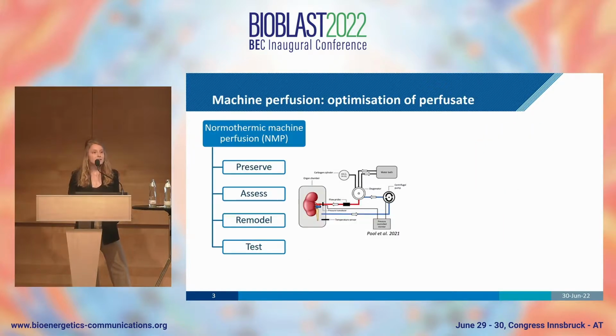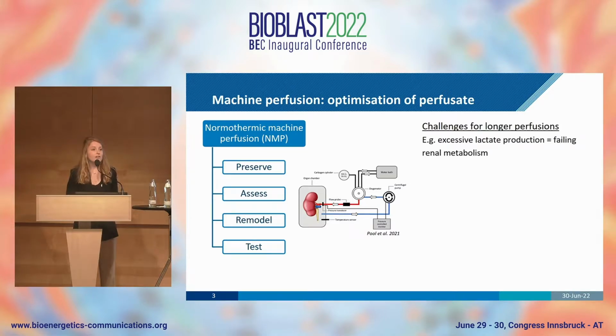Recently, normothermic machine perfusion, or NMP, has been introduced as a novel method to preserve, assess, and remodel organs ex vivo, and even test possible interventions under relatively physiological circumstances. Although this seems to work well for a shorter period of perfusion, there are challenges for longer periods, especially for the kidney, and these mostly comprise metabolic challenges.